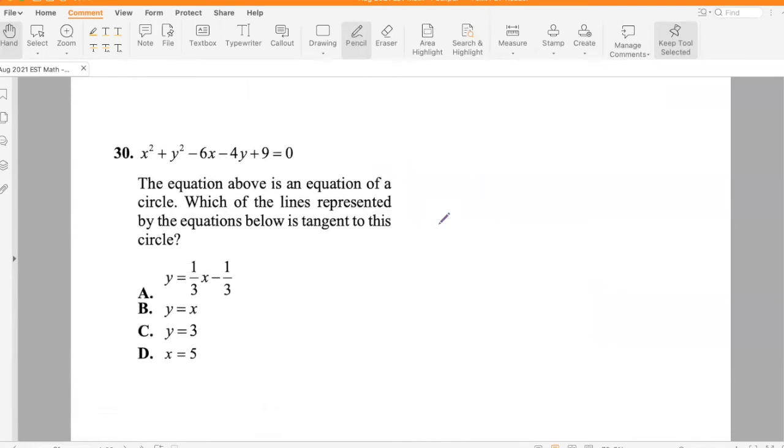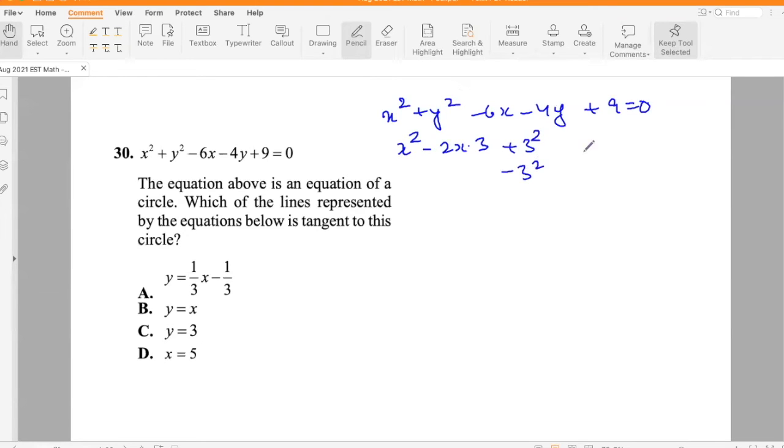The equation above is an equation of a circle. Which of the lines represented is a tangent? Okay. So x square plus y square minus 6x minus 4y plus 9 is 0. So x square minus 2x into 3 plus 3 squared minus 3 squared plus y squared minus 2y into 2 plus 2 squared minus 2 squared plus 9 is 0.